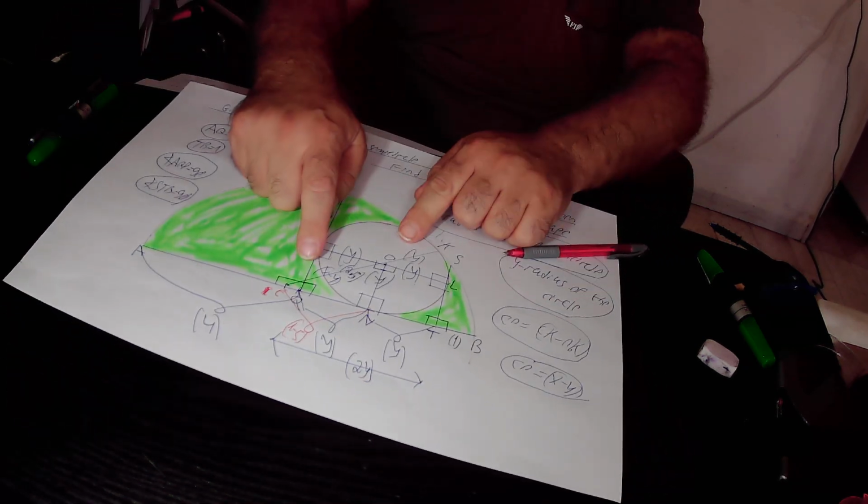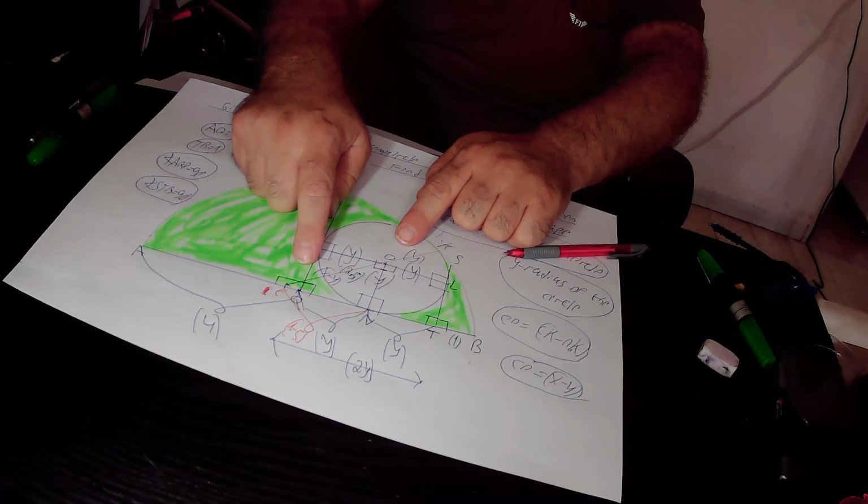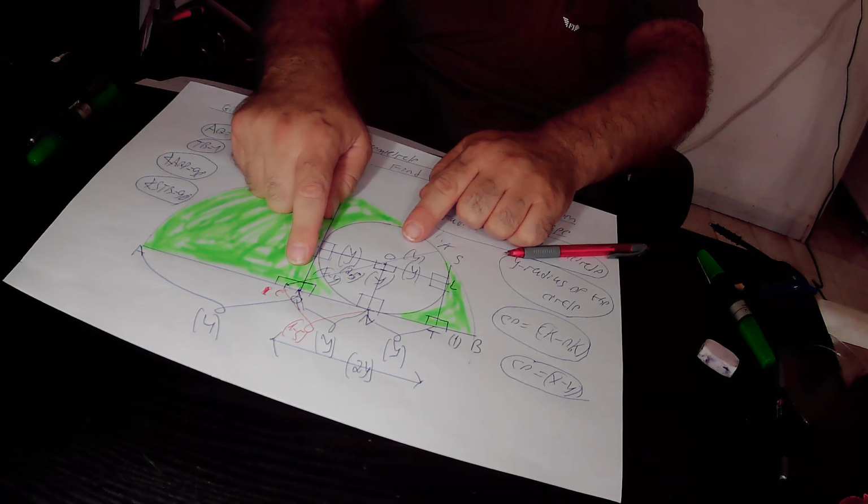So CO equals X minus Y, and X minus Y equals 2.5. And therefore the length of line segment CO is 2.5.